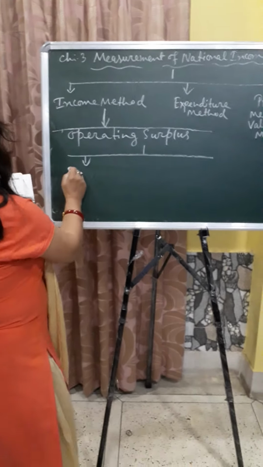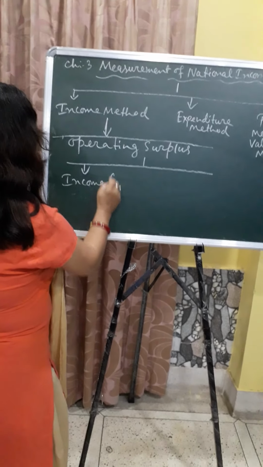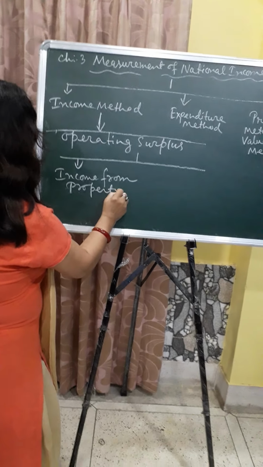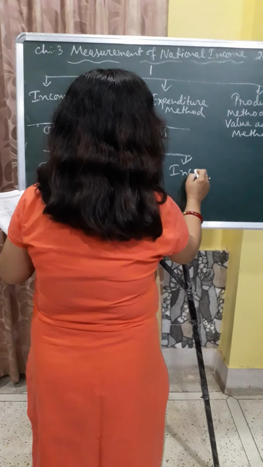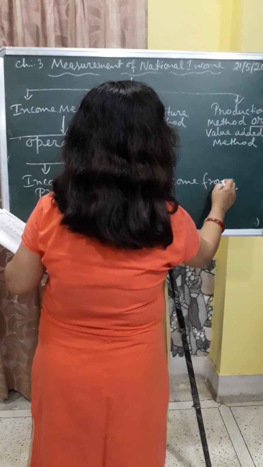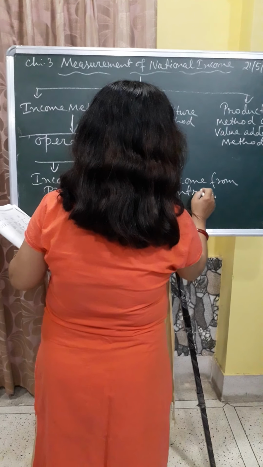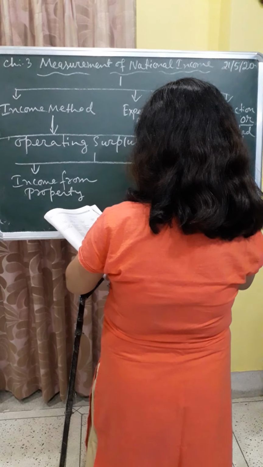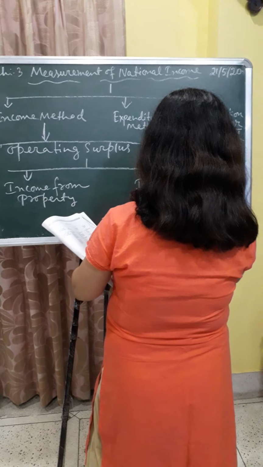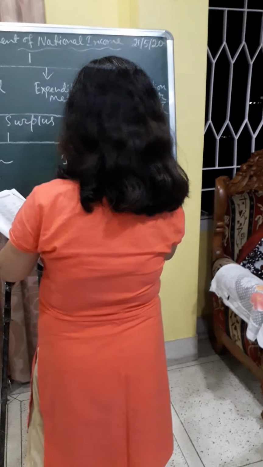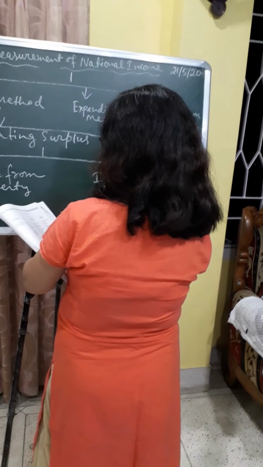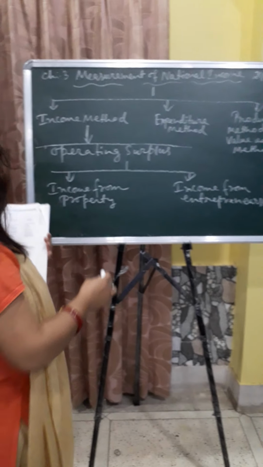Number one, income from property, and number two, income from entrepreneurship.